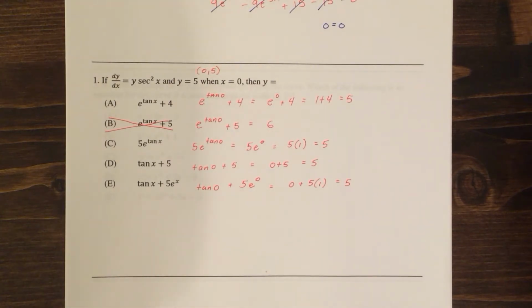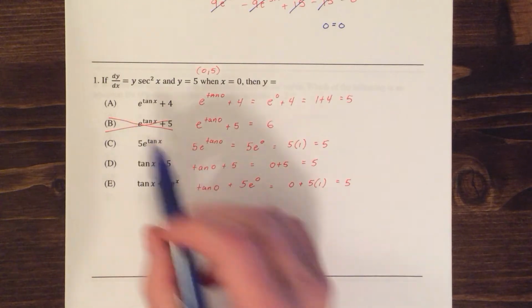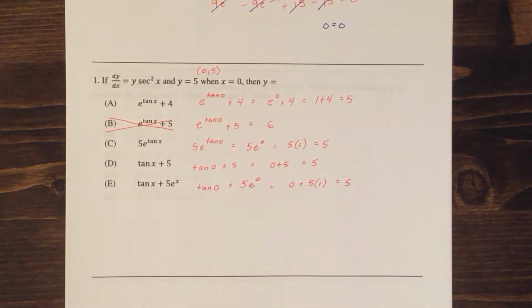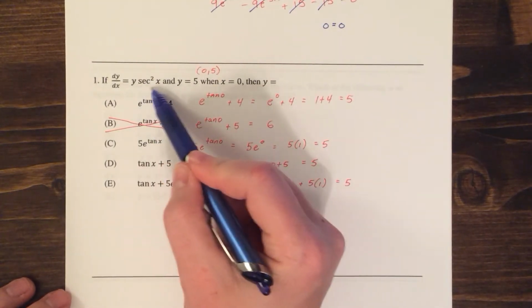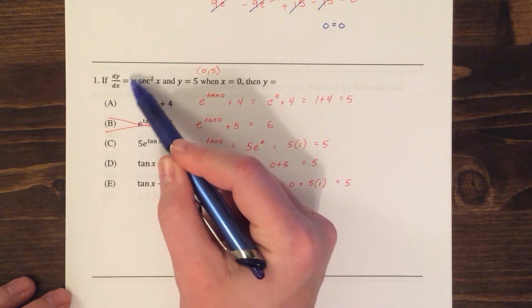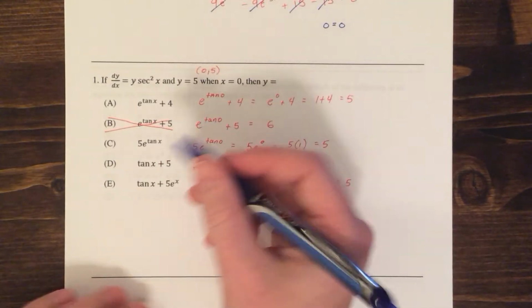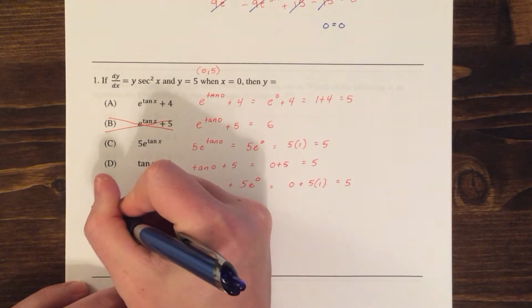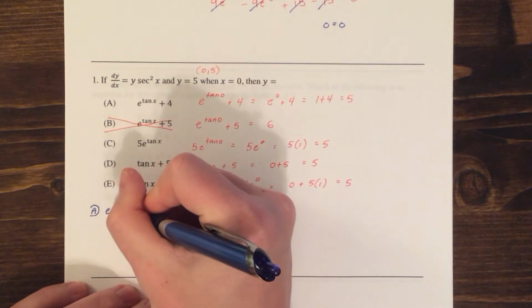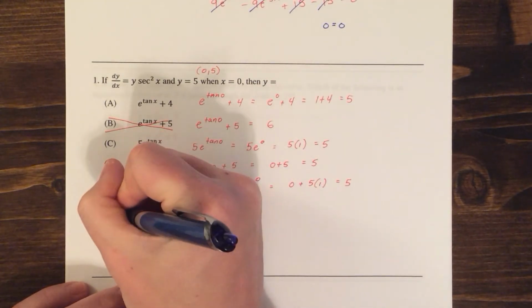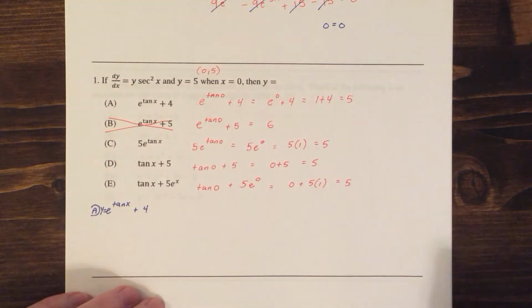Now what we're going to go to is, what we're trying to look for is, okay, which of these answer choices, if that was y, and then I took the derivative, so I did dy dx, am I going to get this pattern where my original function that I started with is multiplied by secant squared x? So we're going to just test each of these. So we have e to the tangent x plus 4, and we'll say y equals that.